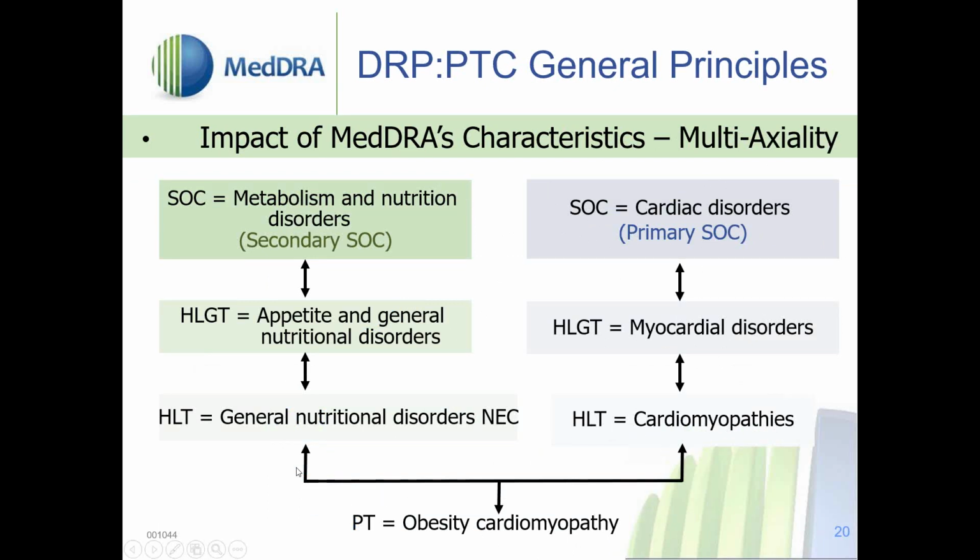And then you see a secondary linkage that reflects the etiology of the condition because we are talking about obesity cardiomyopathy. So we have a secondary linkage to SOC metabolism and nutrition disorders. Here it is, and you see the hierarchy here. So obesity cardiomyopathy would be linked to general nutritional disorders, NEC, HLGT appetite and general nutritional disorders. And here is the highest level, the SOC level.